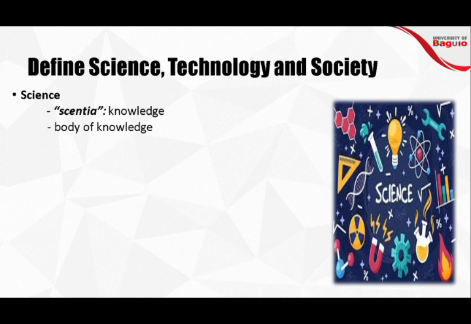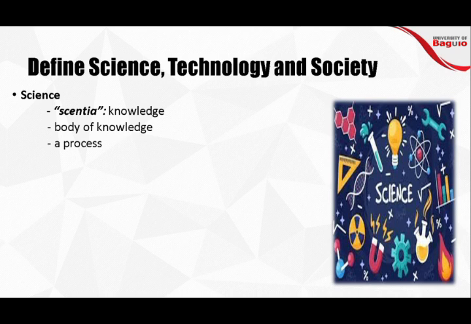Aside from a body of knowledge, we can also say that science is actually a process. It was said a while back that it's systematized, in a way that it's actually a process, which involves different kinds of methods and strategies.